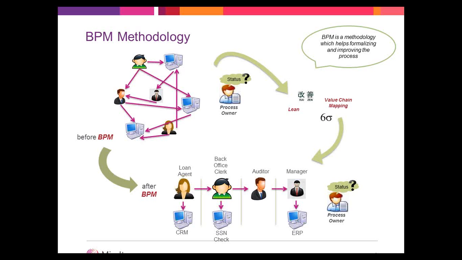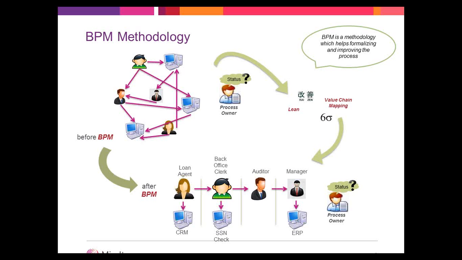So in the slide, in the bottommost diagram, you can see the layers of separation, and you can see the different roles and responsibilities assigned to different people and to different systems. So with the BPM methodology, you can possibly arrive at such a formalized process.